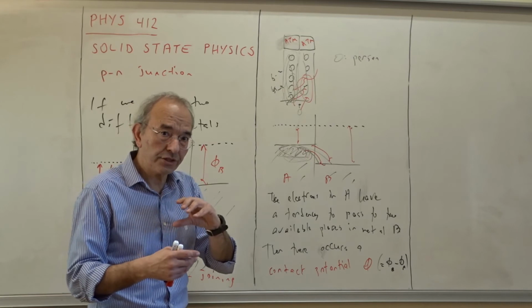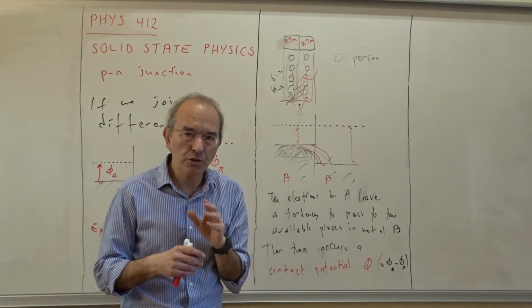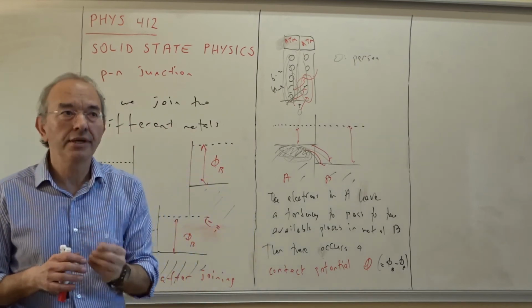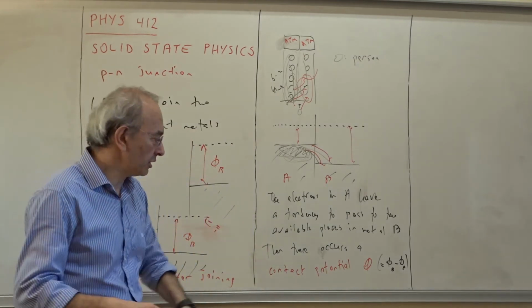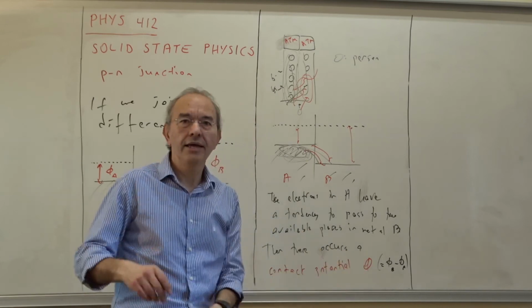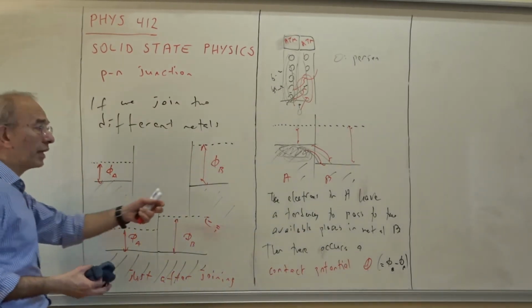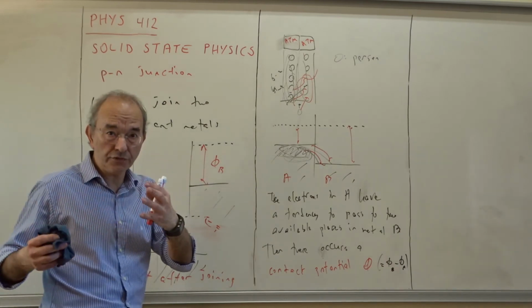But as a result of this, there is a contact potential occurring on the order of some, let's say, millivolts, very small. However, there is a certain contact potential. It is generally represented by capital phi. Now we can consider the p-n junction for the semiconductors.